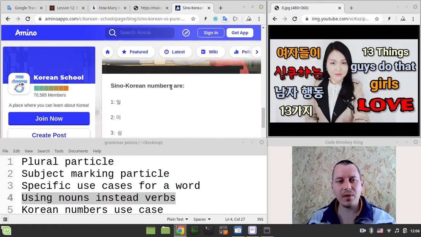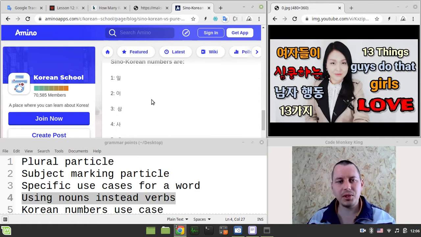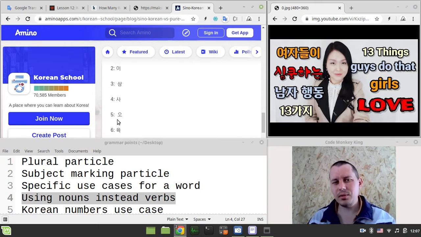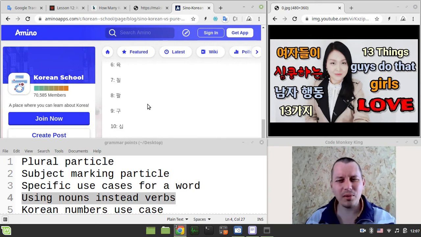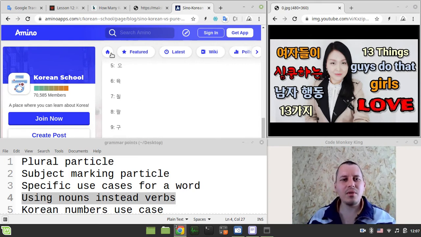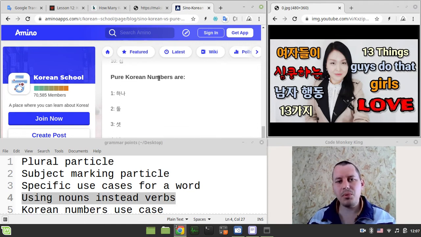So here we have the Sino-Korean numbers, and these are derived from the Chinese numbers. So il, i, sam, sa, o. In Korean this would be il, i, sam, sa, o, yuk, chil, pal, and so on. It's pronounced in a very similar way. But here we need the pure Korean numbers.